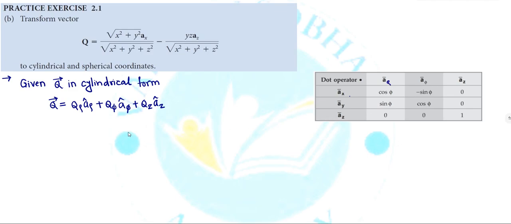Okay, so we have this vector q in its cylindrical form, that is q rho a rho cap plus q phi a phi cap plus q z a z cap. Now what is that q rho? Q rho is nothing but the component of vector q along the rho direction.